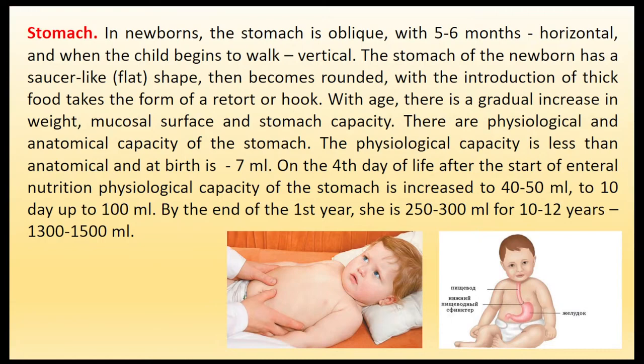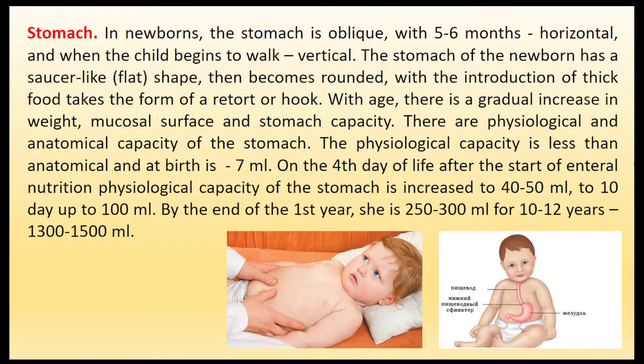Stomach. In the newborn, the stomach is oblique; at 5-6 months it takes a horizontal position, and when the child begins to walk, a vertical position.